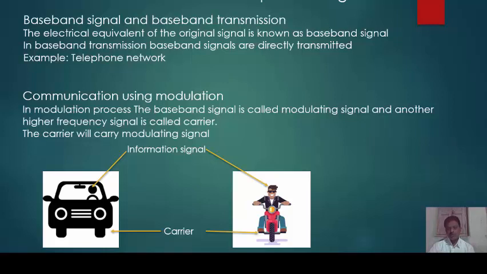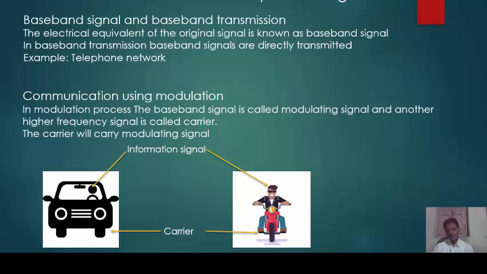In the modulation process, the baseband signal is called the modulating signal, and another high frequency signal is known as the carrier signal. In the modulation process, we are using two types of signals, the modulating signal and the carrier signal.